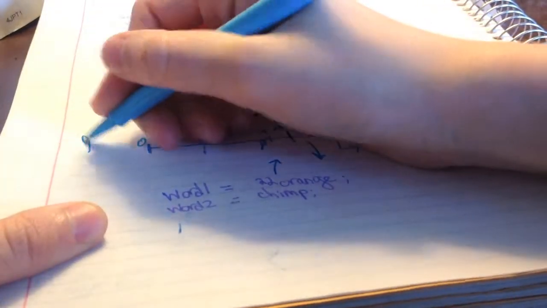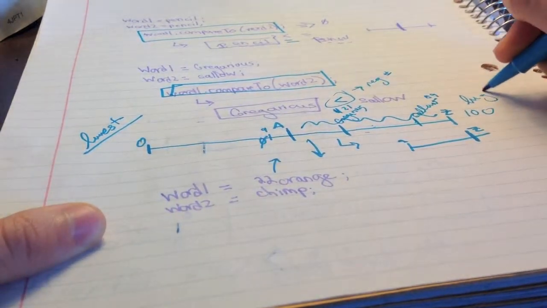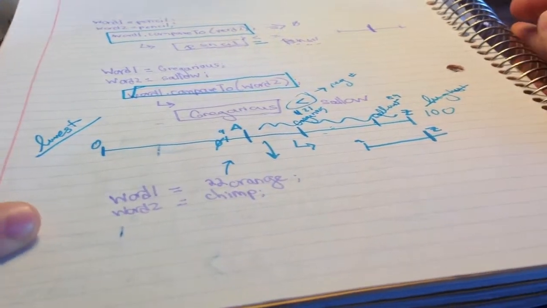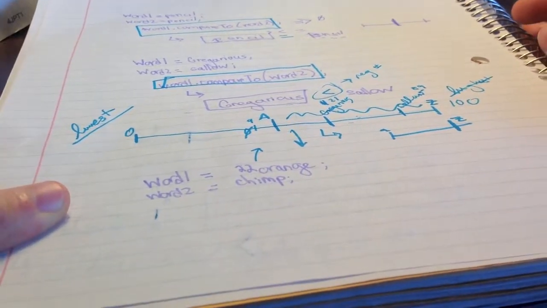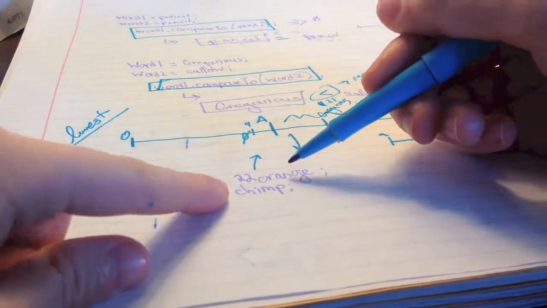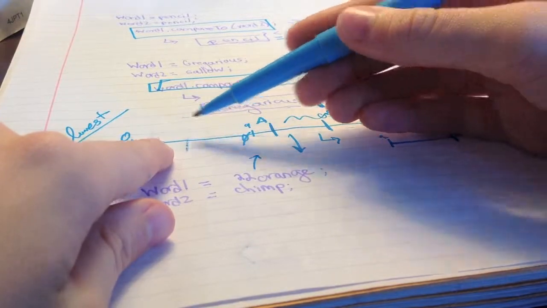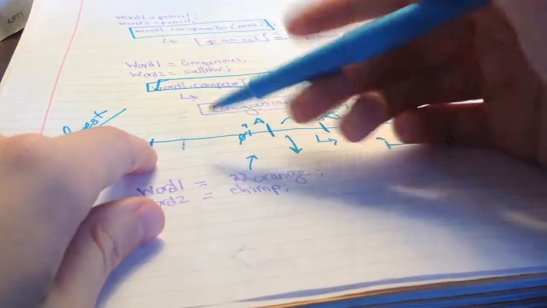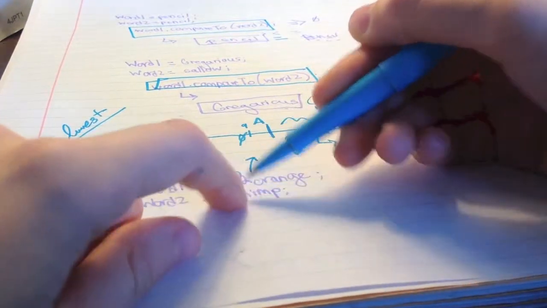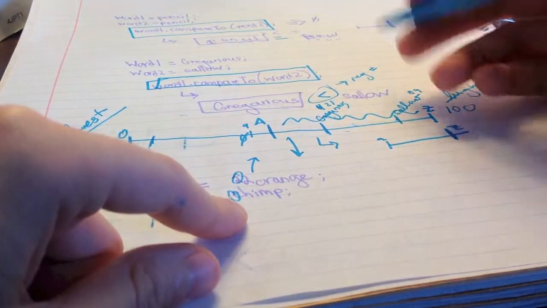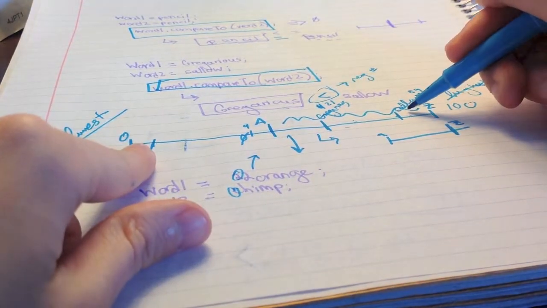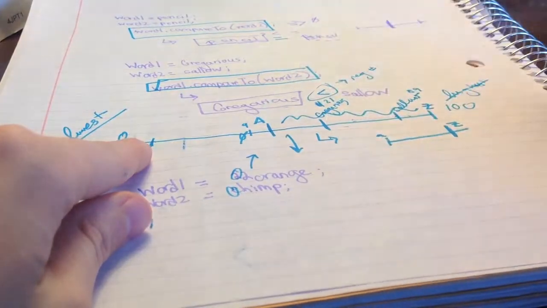And this is going to be the lowest end of our line. That's the highest. So we know that 22 orange would be somewhere here, because we just look at these first values, 2 and lowercase c, which would be over here, and lowercase c is definitely greater than 2, according to this scale.